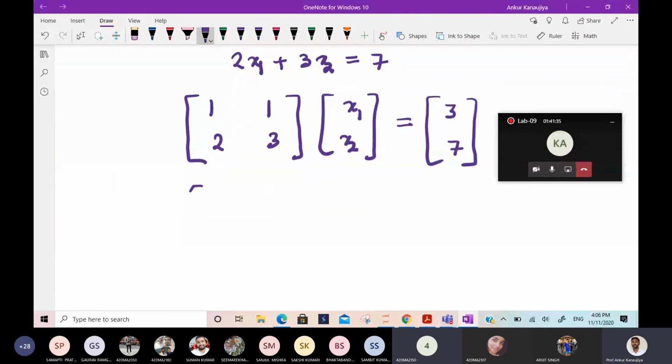Okay, let us see. But the values of x1 and x2 will interchange at the end. If you interchange the columns, 1 3 becomes 1 2, then x1 becomes x2 and x2 becomes x1.